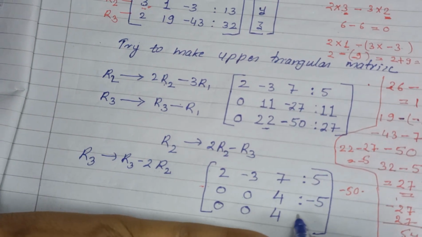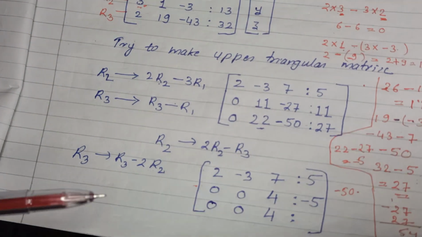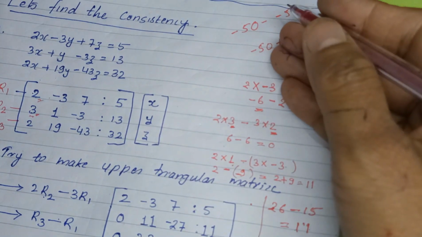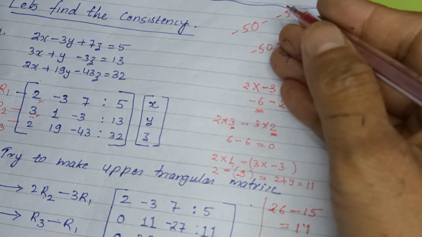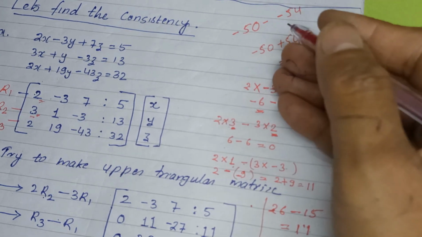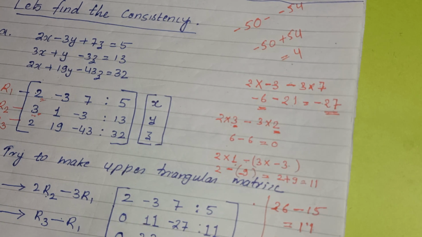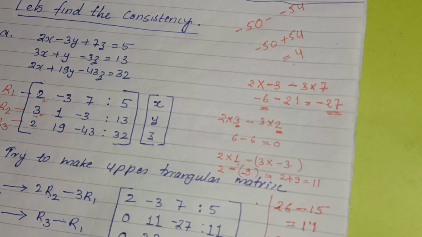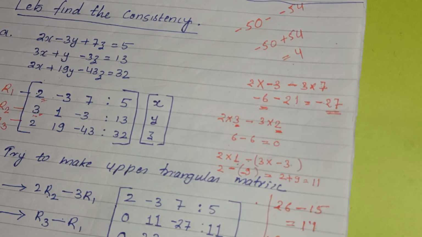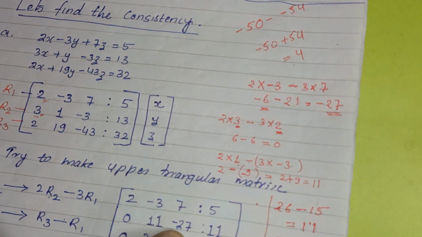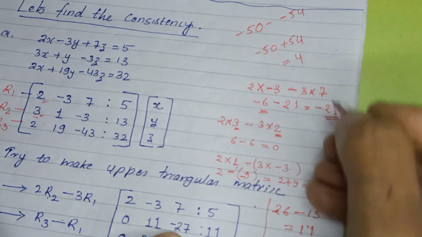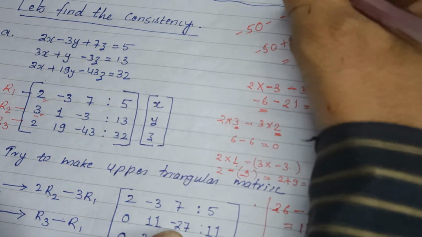And then finally, what are we going to get in the third one? Earlier when we got 4 here, we should not have done the subtraction with these, right? We have to do the subtraction with this one, so I should have done minus 54 minus 50.